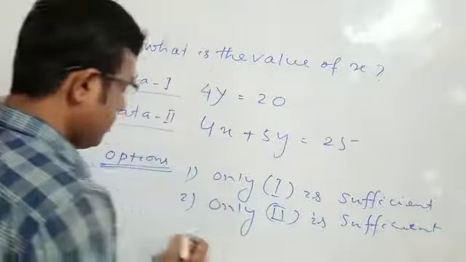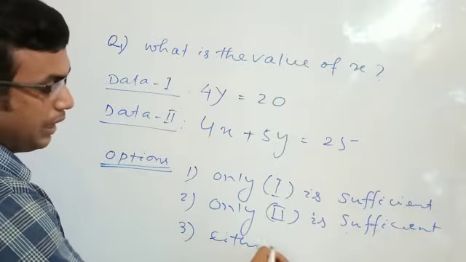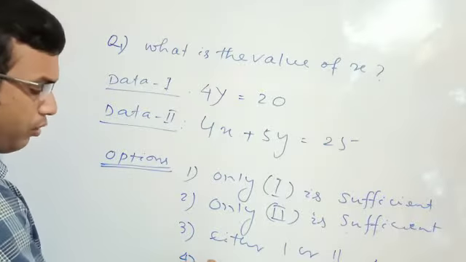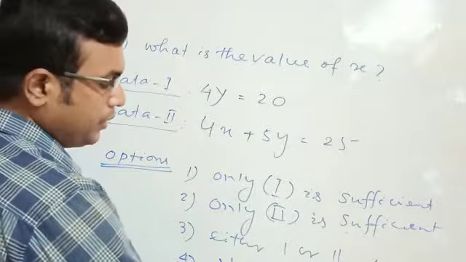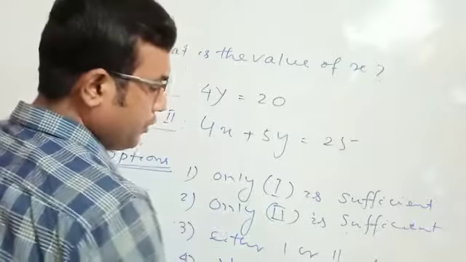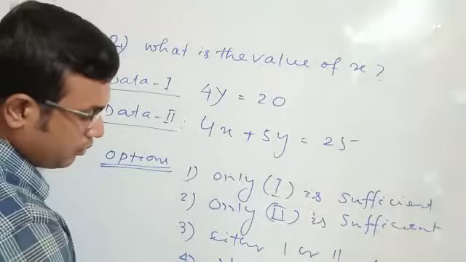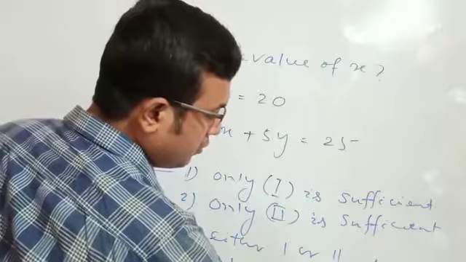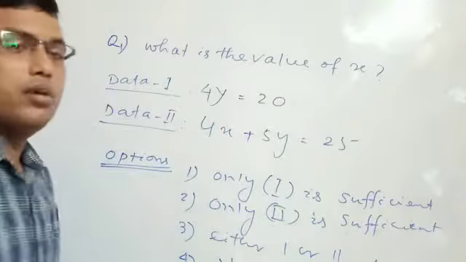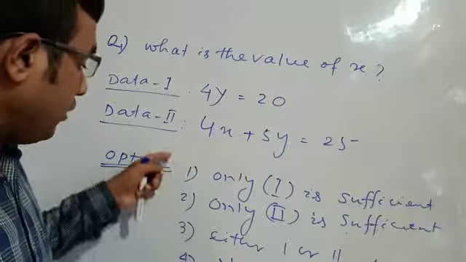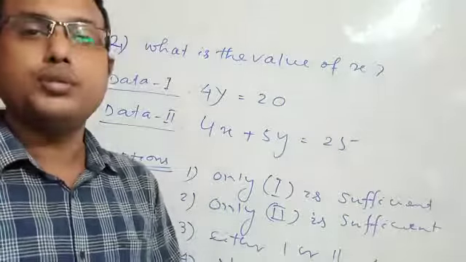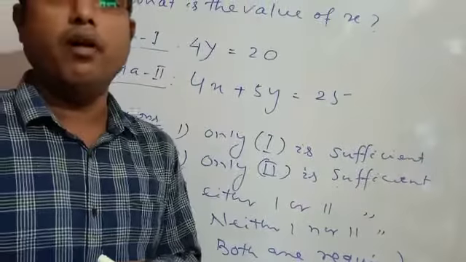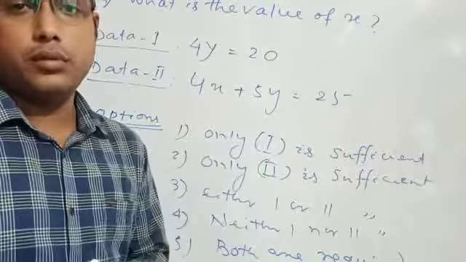Option 3: either or case, either 1 or 2 is sufficient. Option 4: neither 1 nor 2 is sufficient. Option 5: both are required. See, these are the options given in your question paper. According to all the options, you have to answer the above question, right?